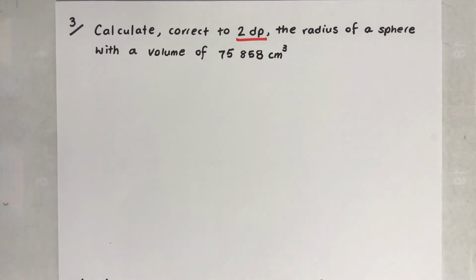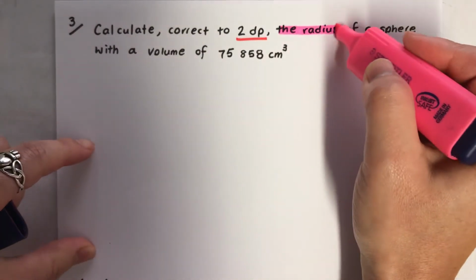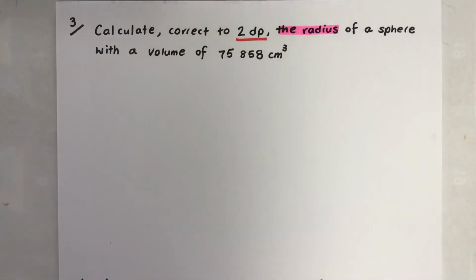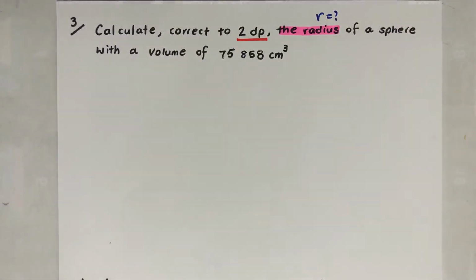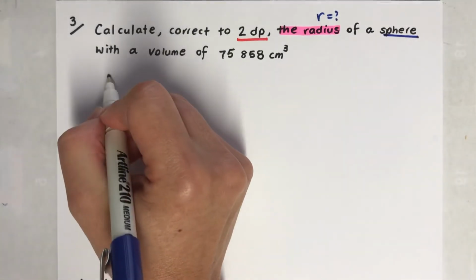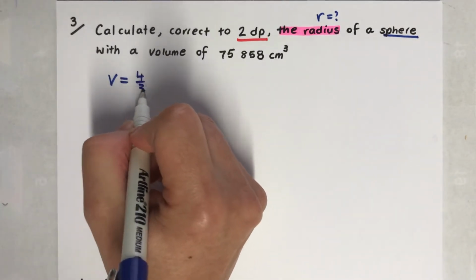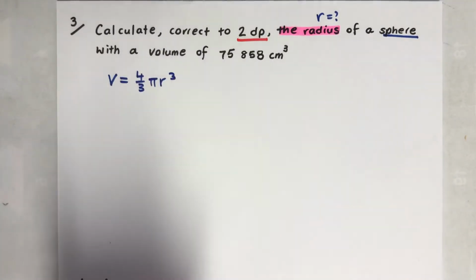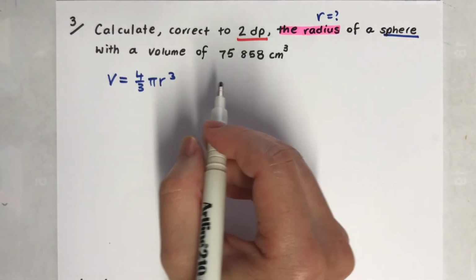What we are looking for here is the radius. We need to find the radius, guys. So r is what we're looking for. It's a sphere, so what's the volume formula for a sphere? 4/3 pi r cubed. If you didn't remember it, please remember it.